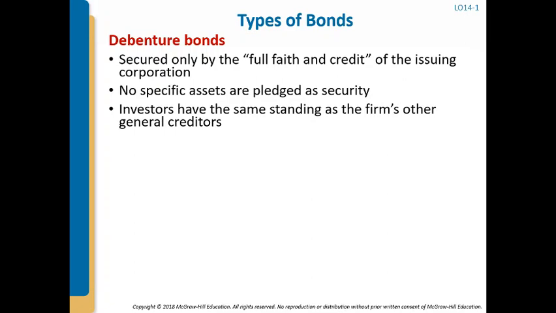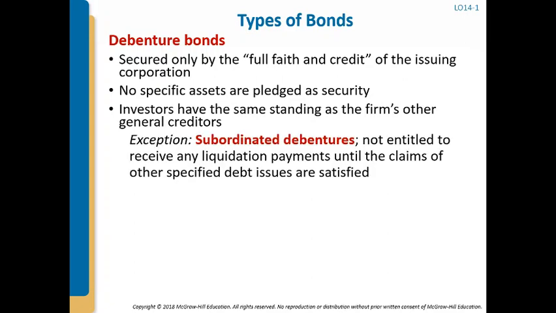But these are unsecured bonds. So no specific assets are pledged as security, and they have the same standing in the case of default as a general unsecured creditor. So they're usually left holding the bag just like other unsecured creditors.